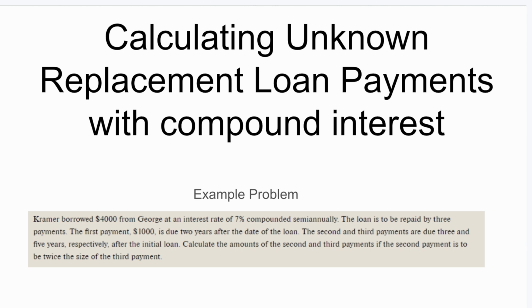When we pay off the loan, we are going to pay $1,000 in 2 years' time. We're going to be paying an amount in 3 years' time and 5 years' time. Now, the trick is we don't know what those amounts are at 3 and 5 years, so we have to figure them out. So what we're going to do is we're going to set the amount as X.